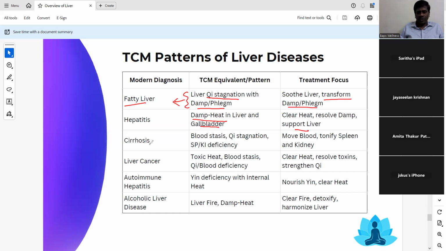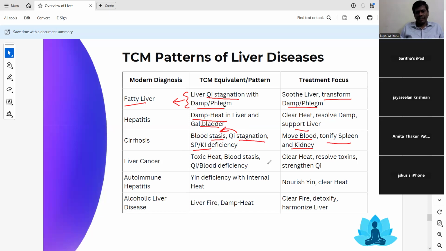In case of cirrhosis, it is on account of blood stasis and chi stagnation. Where chi stagnation is there, over a period of time that will lead to blood stagnation, and spleen or kidney deficiency will lead to cirrhosis. So move the blood here, tonify the spleen and or kidney.